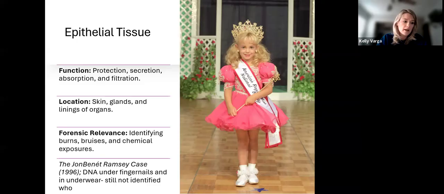You know, as far as a case study, maybe we're aware if you're a true crime person, but I remember deeply this case when I was younger, and it's still unsolved to this day, which is that of JonBenet Ramsey, one of the most notorious cases out of Boulder, Colorado.